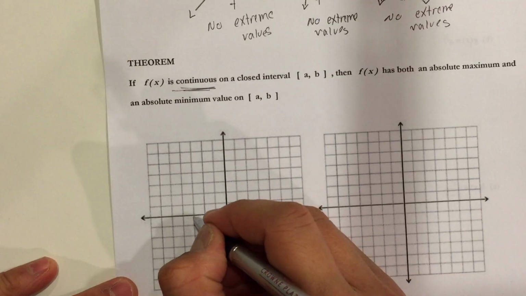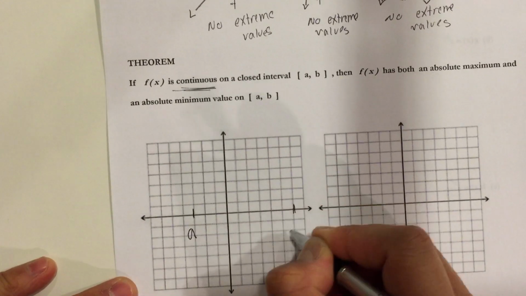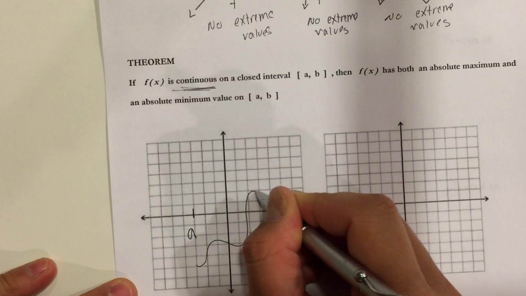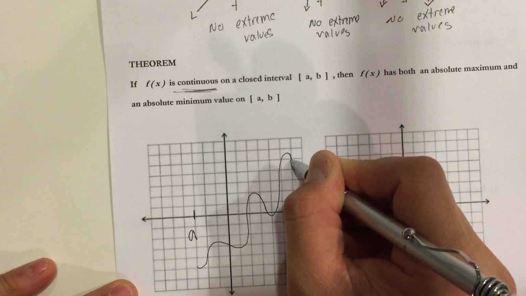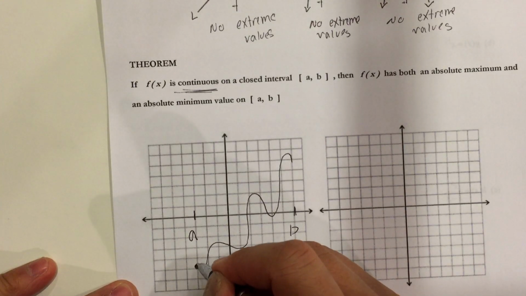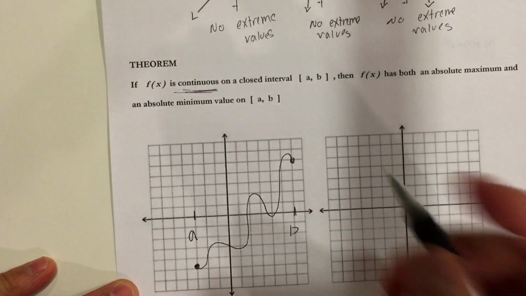Let me give you an example. So let's say this is your A, and this point over here is your B. I'm just going to randomly sketch a continuous function right here. Okay, that's a continuous function on A and B on a closed interval. Notice that the theorem guarantees that there has to be an absolute max.